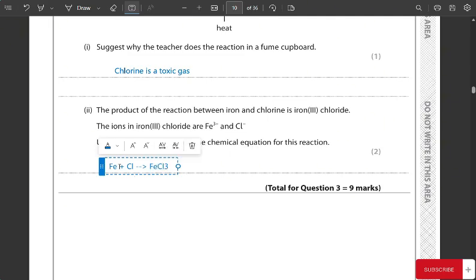We know that chlorine comes in molecule form, and iron can be in atom form. For balancing this, we'll put 2 before iron and 3 before the chlorine molecule, and put 2 before the iron chloride compound.